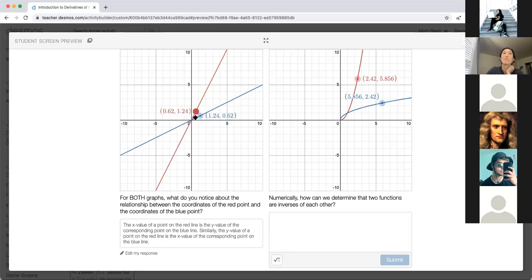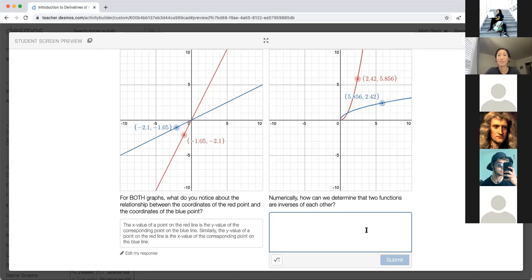If we know that the red and the blue lines are inverses of each other, how could we tell just by looking at the numbers that they're inverses?